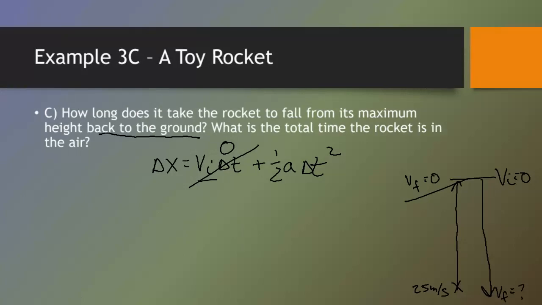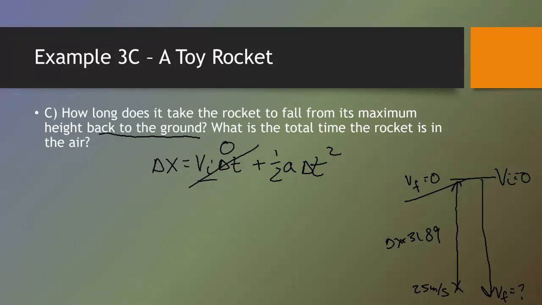If we want to find the time that it takes for the rocket to reach the ground from its maximum height, we know from before that delta x is 31.89 meters. It goes up by 31.89 meters. So that means it has to fall down that far.